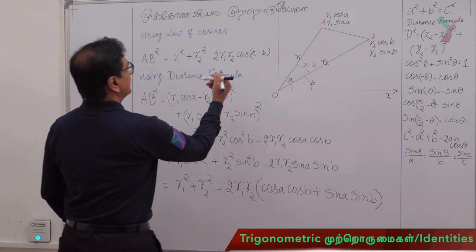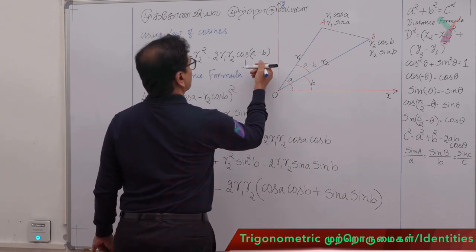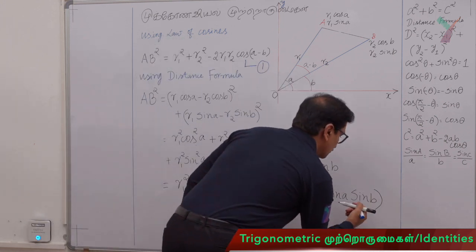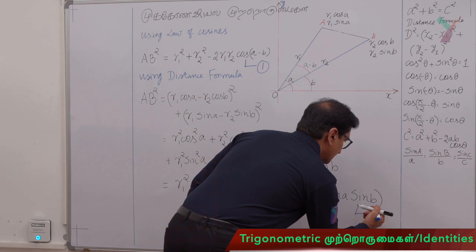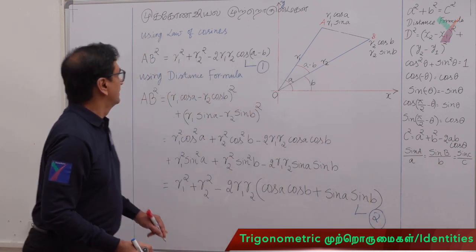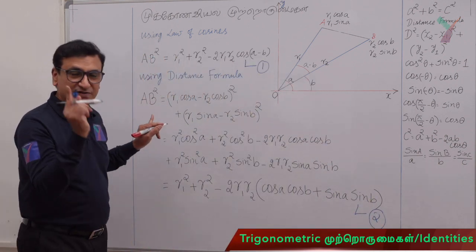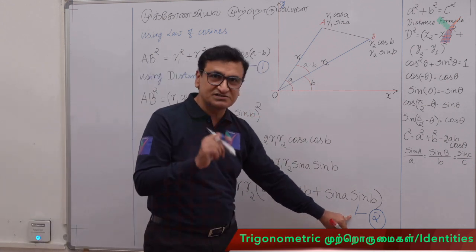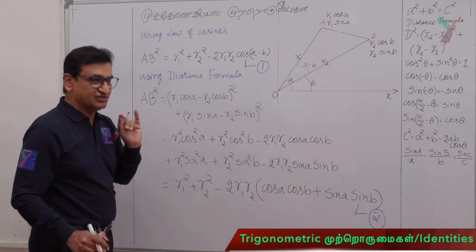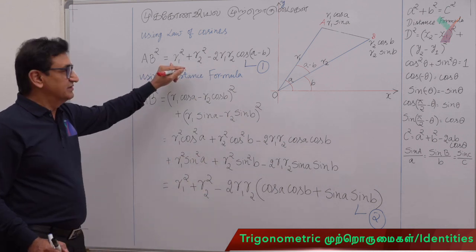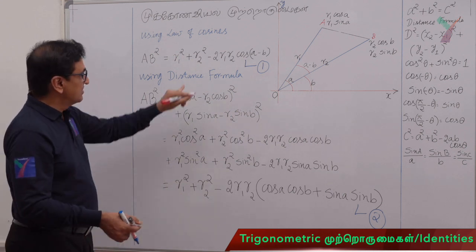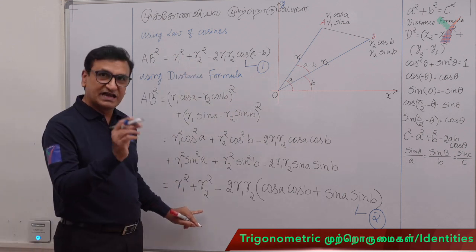Now, in the expression of equation 1 and equation 2, ரெண்டுமே ab square calculate பண்ணுது. அதனால equation 1 should be equal to equation 2, correct? If you equate these two, common terms r1 square get cancelled, r2 square will get cancelled.